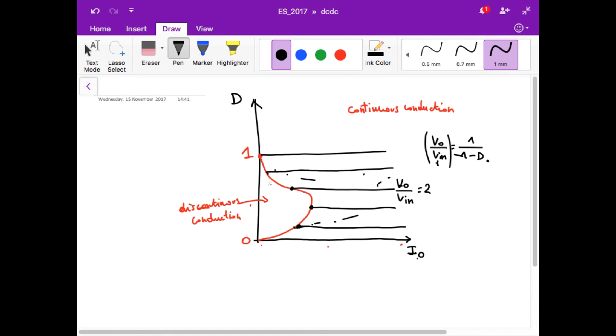When we are in discontinuous conduction, instead, D is proportional to the square root of the current. So it has this expression. Of course, at the boundary between continuous and discontinuous conduction, the two lines must be connected. And then, of course, this must pass through the origin. So a square root has this shape, and therefore this is what we need to do.